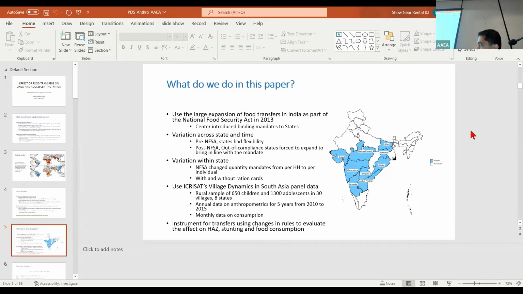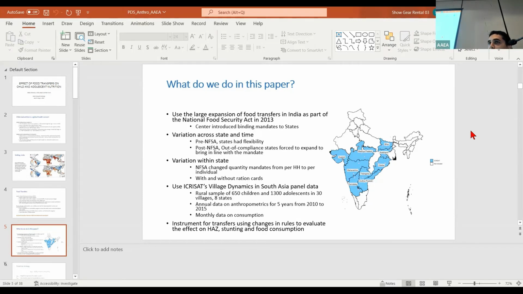Before NFSA, states had a lot of discretion over the quantities and prices at which they could give to their beneficiaries. But after NFSA, it was 3 rupees per kg for rice and 5 kg per individual. So the states that were out of compliance had to bring their entitlements, prices and quantities in line with the mandate. So they expanded, and the states that were already in compliance continued as they were.